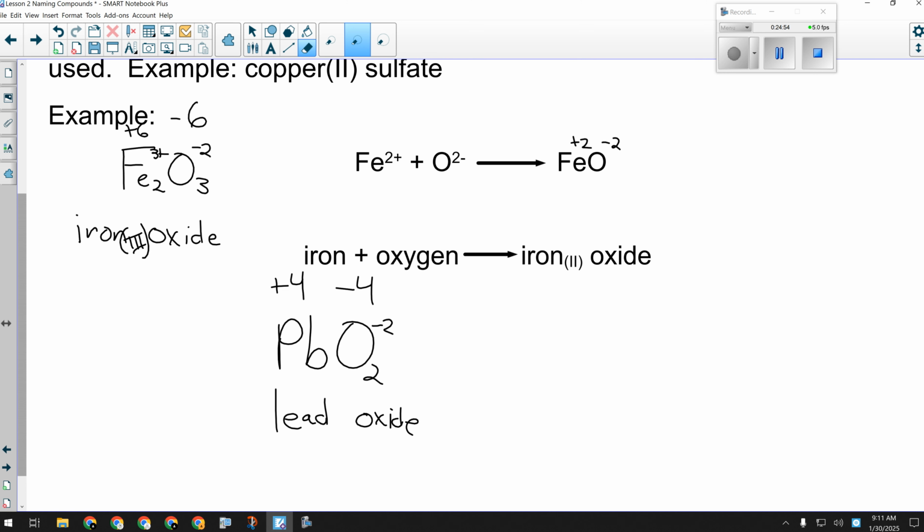And there's only how many leads? 1. So this lead has a charge of 4. And I put the Roman numeral 4 beside. So basically you multiply on the non-metal side and then you divide on the metal side.